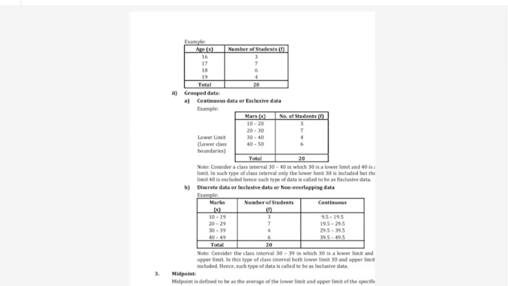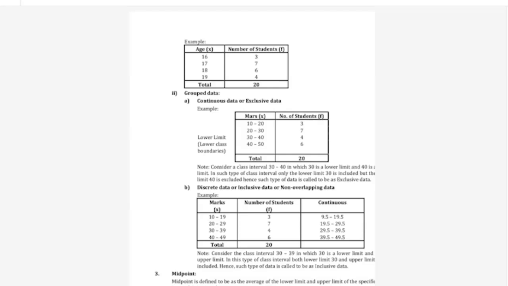Suppose a student scores 40 marks, that will be recorded in. Very good. Now what did you all notice here in this type of given data? Yes, all of you, very good, perfect.